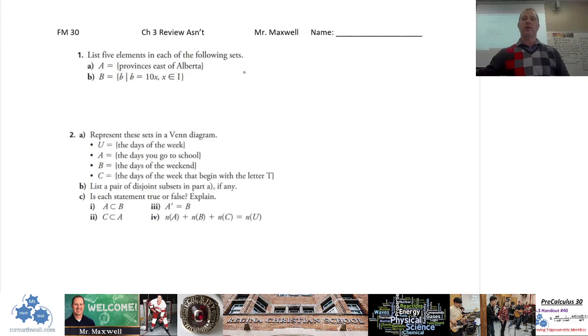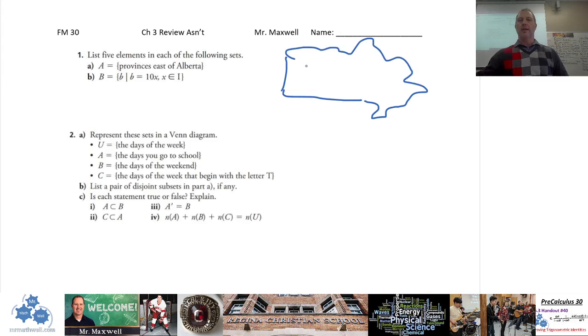So we talked a little bit about this, just kind of roughly, if this is sort of Canada here like this, okay? We've got Alberta right here, and we've got to the east now, there's us in Saskatchewan, and here's Manitoba, and Ontario, and Quebec, and we've got Nova Scotia, and Newfoundland, and New Brunswick, PEI, all that sort of stuff. So we only need 5, so we want to list 5 of these.